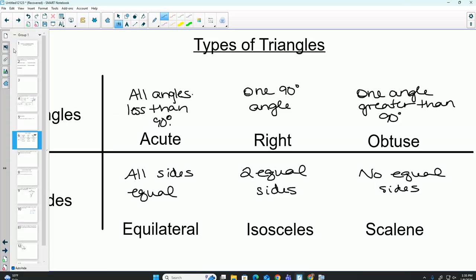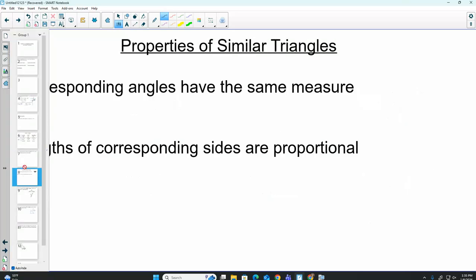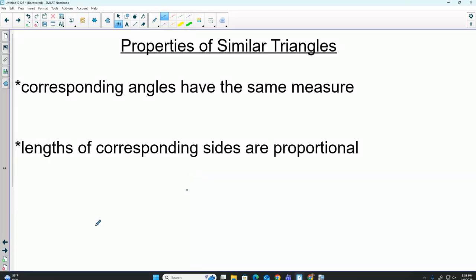The last piece that we have to write down for triangles is similar triangles. In similar triangles, the corresponding angles have the same measure. So that basically means all the angles are the same, okay? They match up in the two triangles. And the sides are proportional to one another.